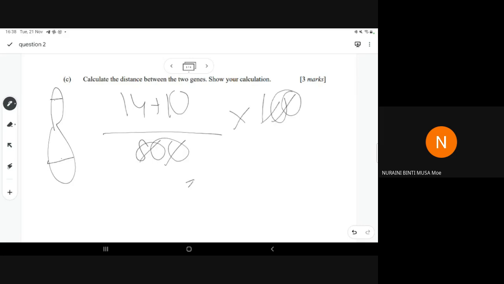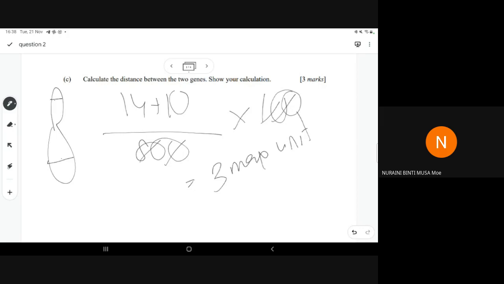And then the answer that you will get is 24 bagi 8 ialah 3. Okay, 3. 3 salah. 3 map unit is the unit you need to use. Mesti ada unit macam kira matematik, macam kira kimia juga. 3 cm, 3 mm.